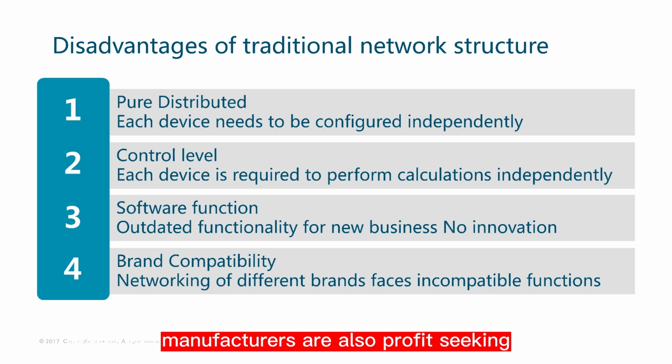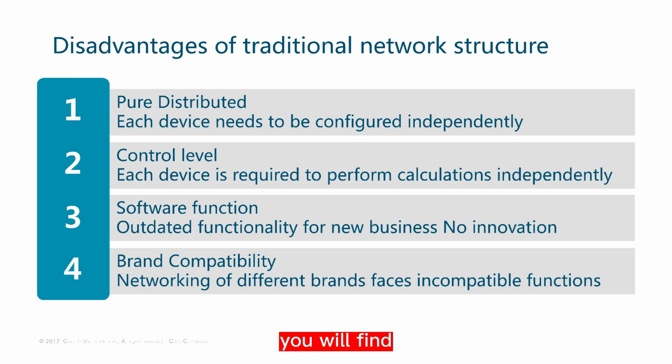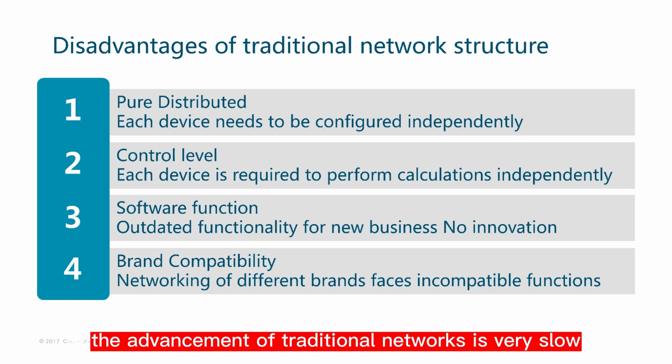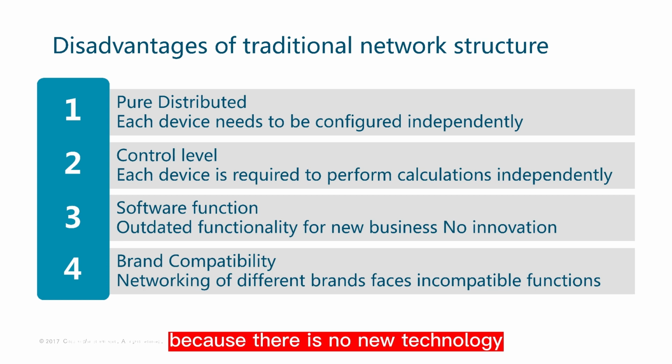Manufacturers are also profit-seeking and must put the economy first. Now we won't be developing proprietary technology anymore. You will find many factors combined. As a result, the advancement of traditional networks is very slow, because there is no new technology.